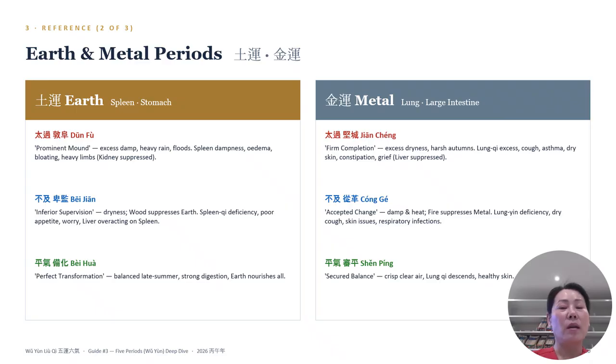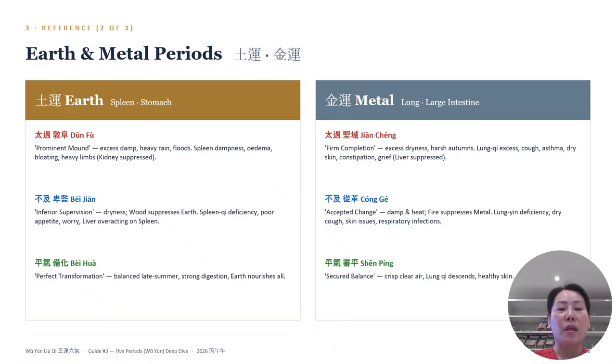On the right, the metal period, governing the lung and the large intestine. In excess, Jian Cheng, firm completion: excessive dryness and harsh autumns. In the body, lung qi excess, cough, asthma, dry skin, constipation, and grief, with the liver suppressed.